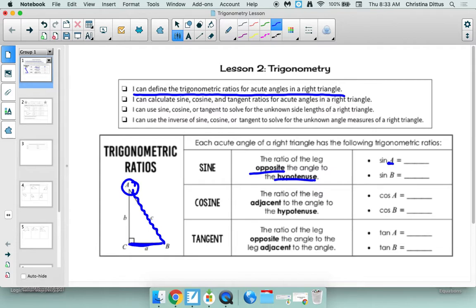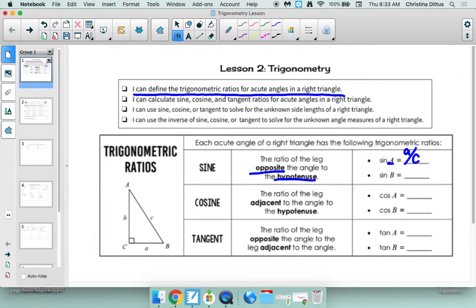So to find the sine of angle A, we're literally going to take that lowercase a side and divide by our hypotenuse, which we said is always C. Later on we'll get to numbers, so this will make more sense. But that's all it is. It's just a ratio of sides.